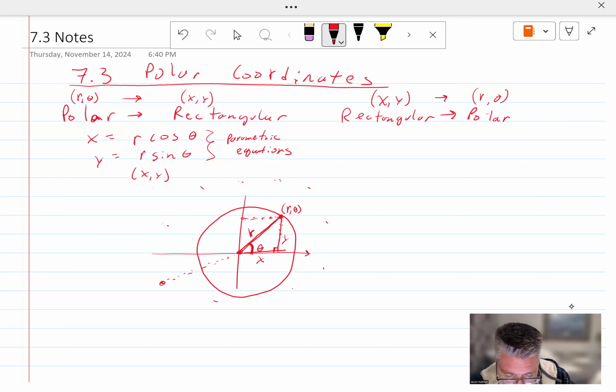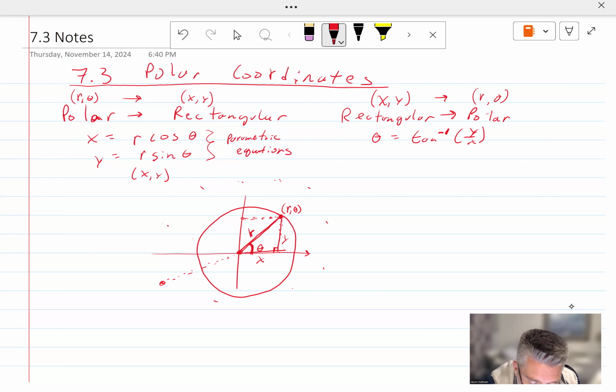What is it? The tangent, right? Tangent will relate y and x. If I take the inverse tangent of y over x, then I would get the angle.